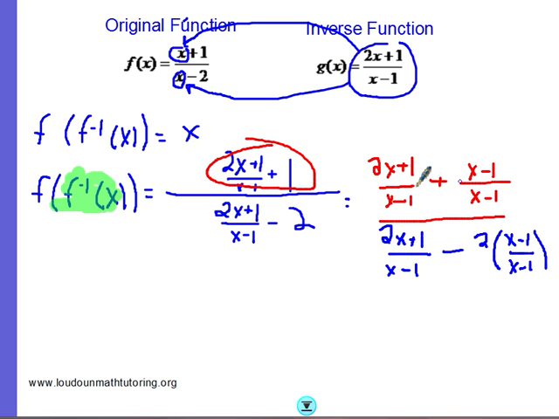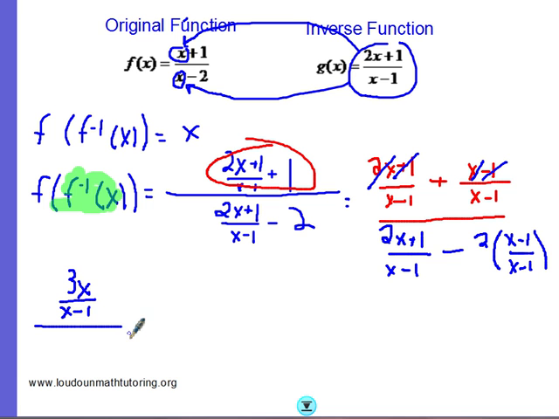Okay, so now we can add the fractions in the numerator. Let's subtract this fraction from this fraction in the denominator. See what we get. Okay, so up here we have basically 2x plus x, which is 3x. That took care of that and that. And then we have positive 1 plus negative 1, which is 0. Those cancel. I end up with 3x over x minus 1.